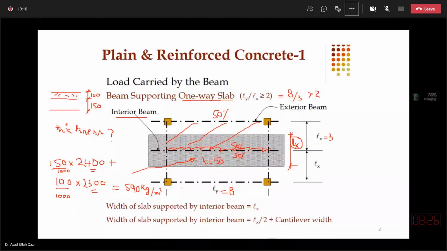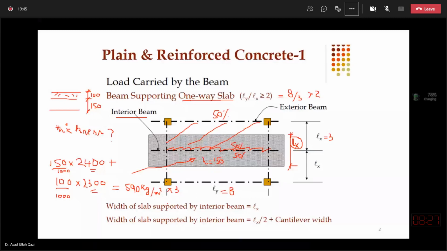So for this 590, I will multiply this with 3 meter to convert it into UDL. So that can be done to calculate the service load due to self weight only on the beam in terms of kg per meter.